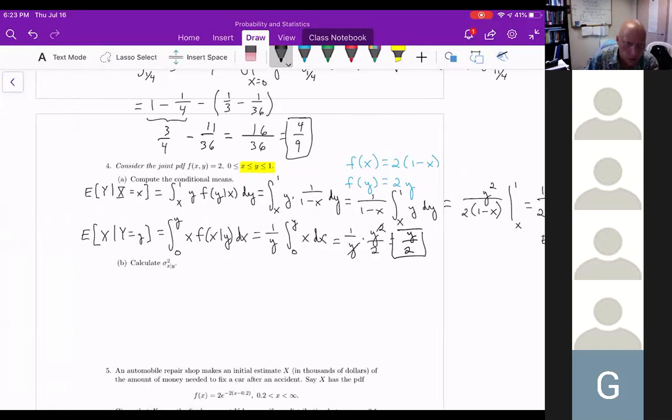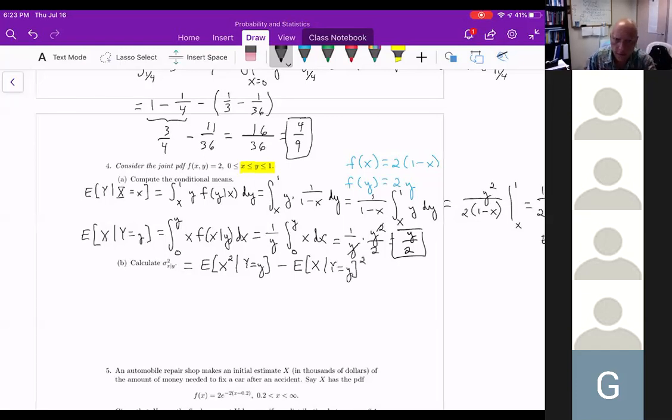By definition, this is the expected value of x squared given that y is little y, minus the expected value of x given that y is little y, and that first mean is squared.